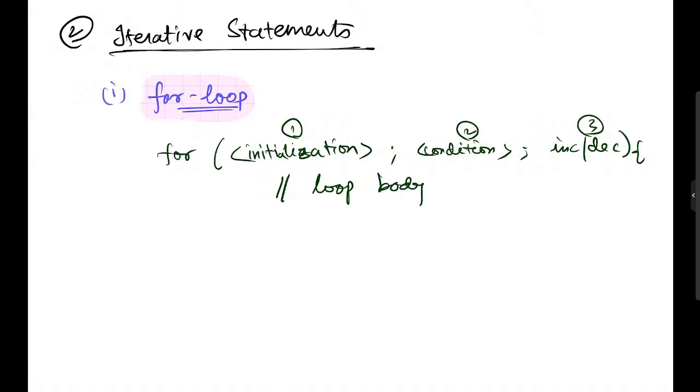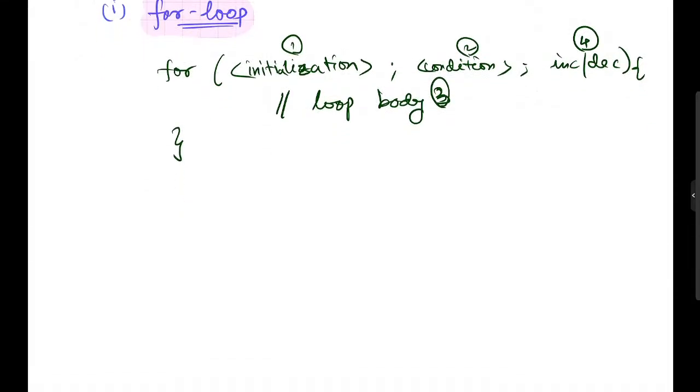So this loop body is here. Now there is a little mistake on numbering, so this is 4 and then this is 3. Now remember very carefully, this you need to understand, okay? If you don't understand this, for loop is gone, okay?